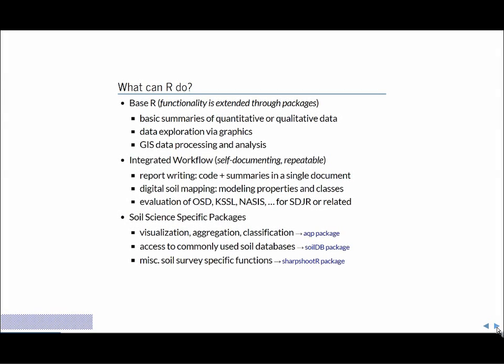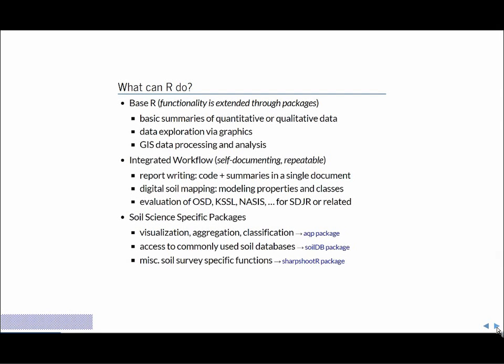But since then, thanks to the fact that R is an open source program with tons of user-contributed packages, some of which myself, Jay, and Dylan contribute to the R CRAN library, there's a host of them out there now that are specifically designed for soils. Like you can plot a soil texture triangle, you can plot soil profiles.